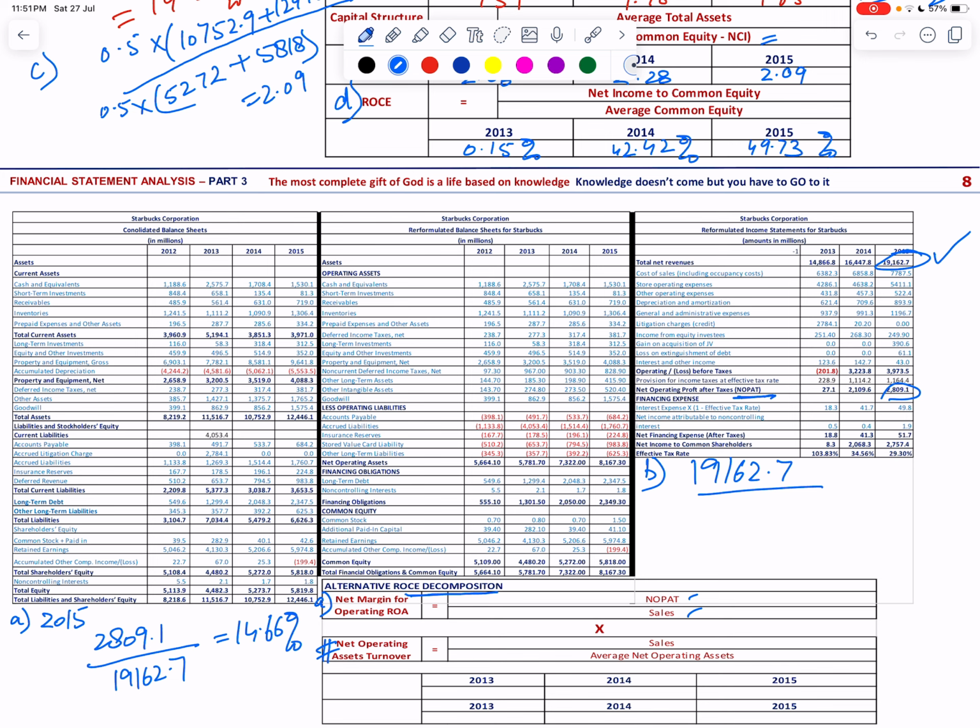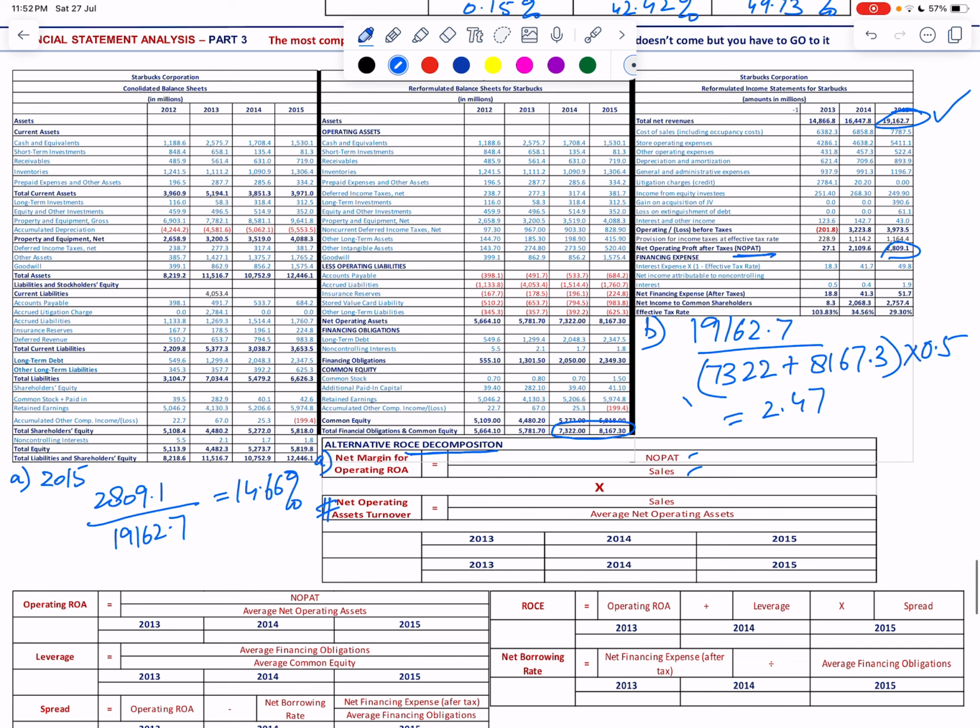They are here, 7322 plus 8167.3, and because this is average, we will multiply by 0.5, or you can divide by 2, either way. So this will be equal to 2.47 times.